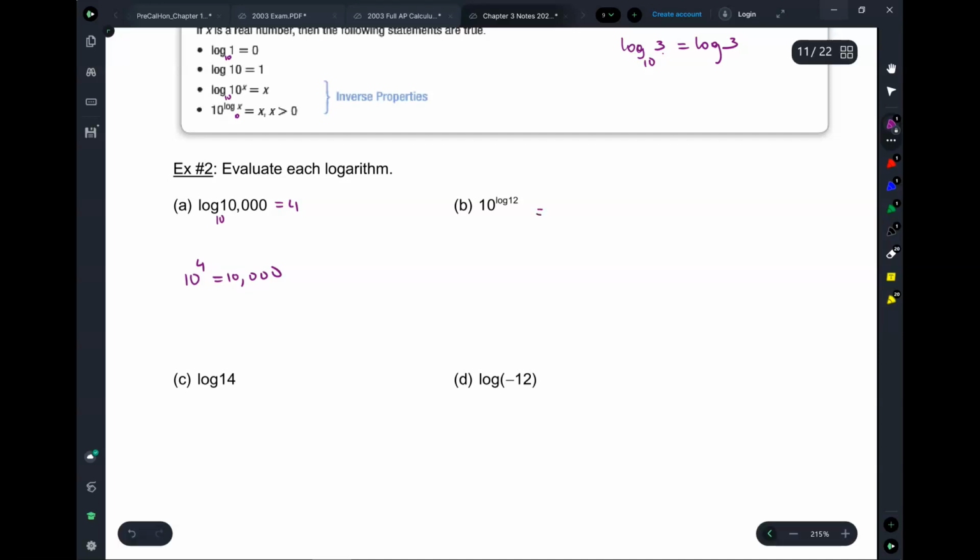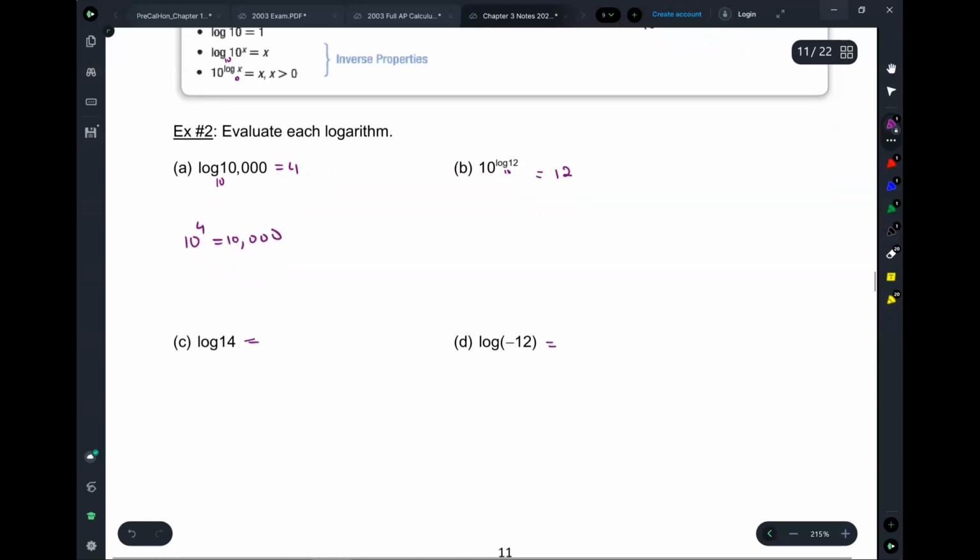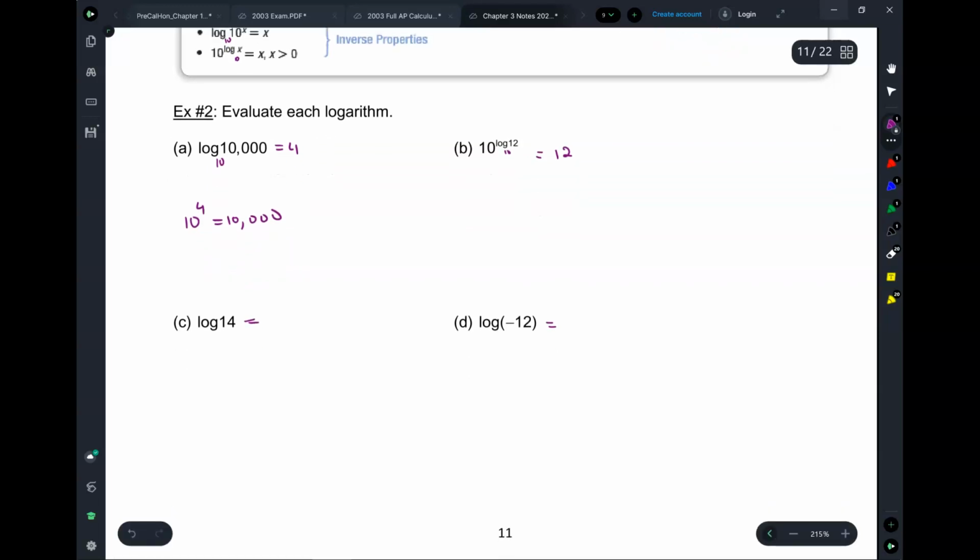What's b going to be? 12. Because it's the pattern. 10 and log base 10 go away. Okay. Now, I'm going to ignore c for a minute. What's the base of d? 10. Now let me ask you a question. What exponent of this will give you a negative 12?